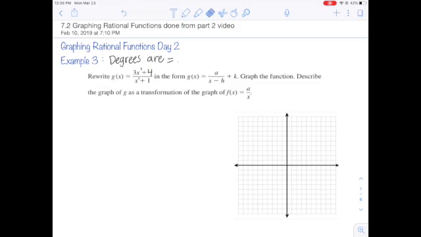So one way of doing that is to rewrite g of x into the form that we already know how to graph by transformations. You would do this by long dividing. So when you take a fraction like 1/2, how do you write that in order to divide?